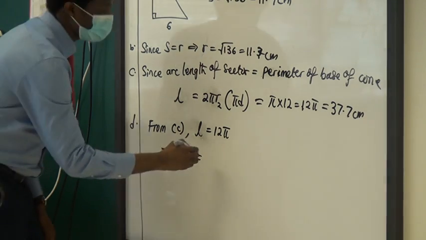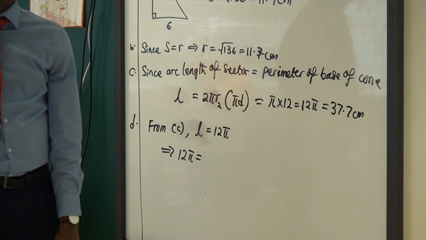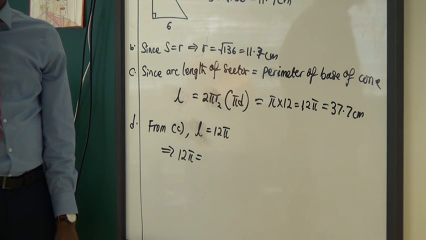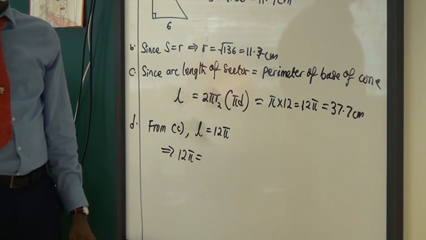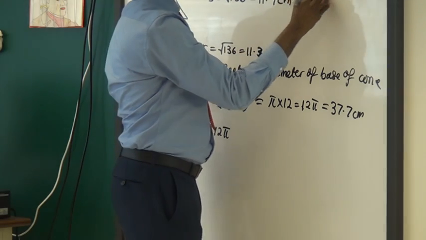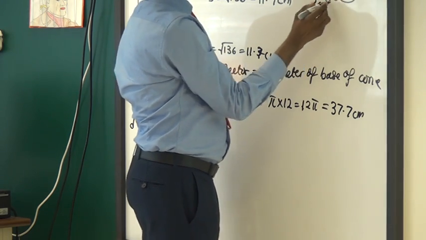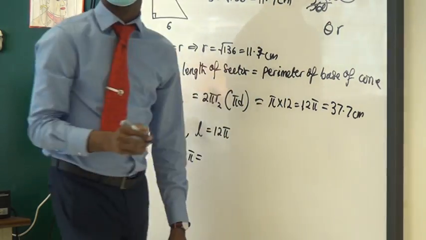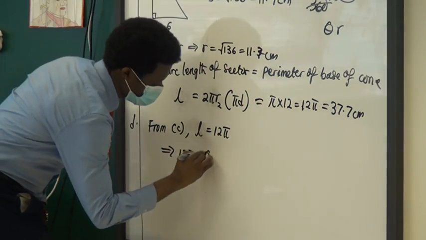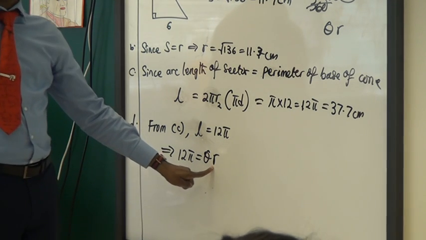So length of the arc is theta over 360 times 2 pi r. But because the angle has to be in radian, you don't use theta over 360 times 2 pi r. What do you use? Theta r. Remember, theta over 360 times 2 pi r, because 2 pi and this are the same. When you convert, then you are just dealing with theta r. Okay, so this is equal to theta r. And what does this r represent? Radius of what?